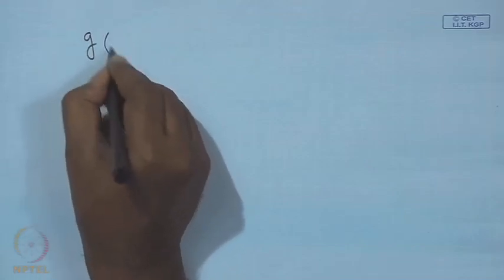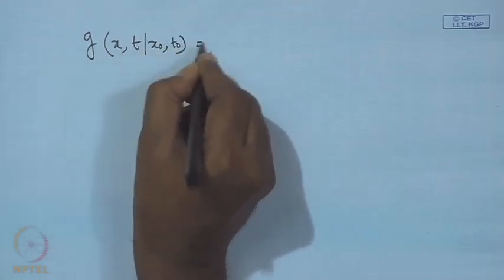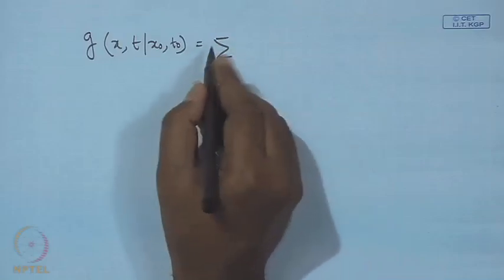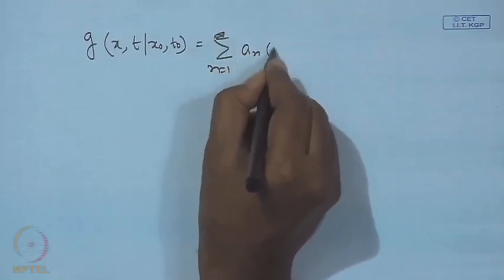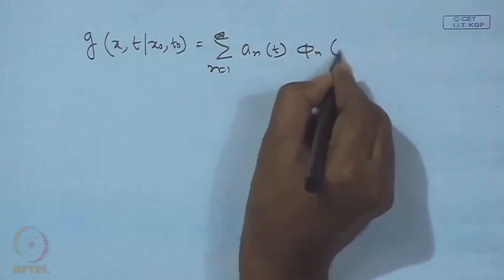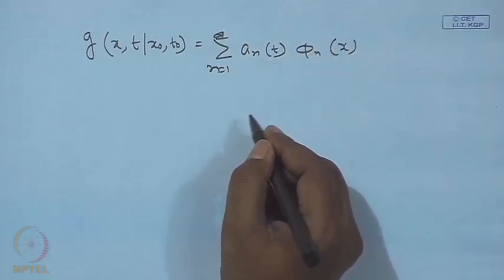Therefore, the solution of G, constructed by the partial eigenfunction expansion method, will be the sum from n equal to 1 to infinity of a_n(t) times phi_n(x). We know that eigenfunctions are orthogonal to each other.